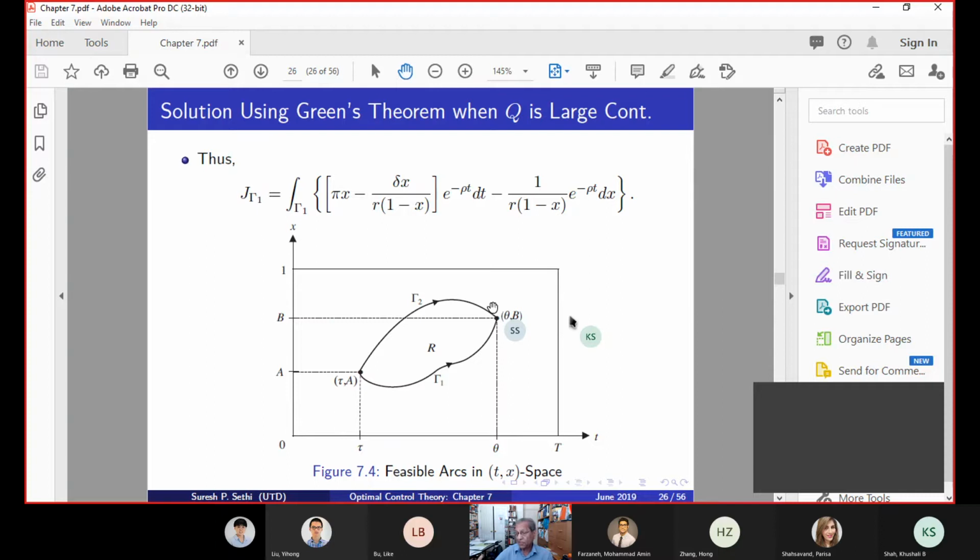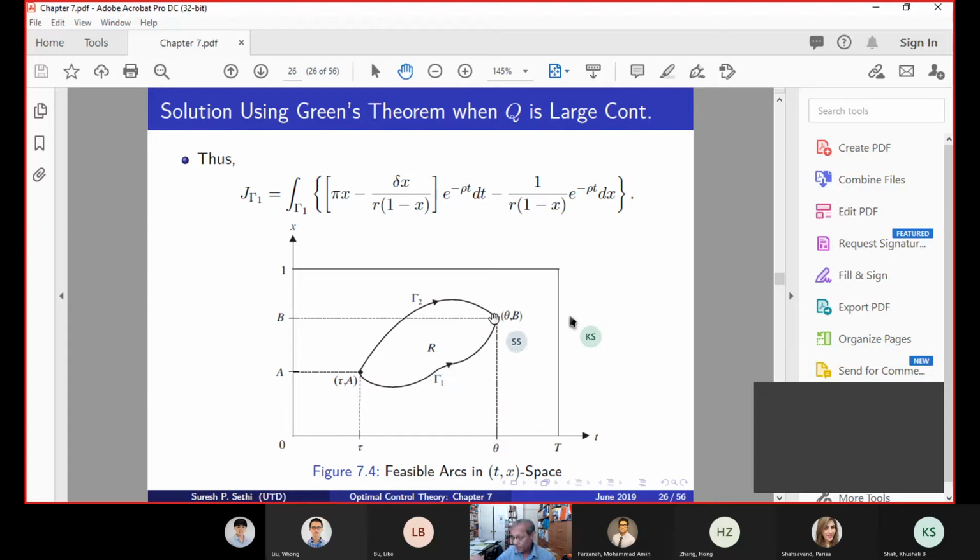The x space is the trajectory of the market share from tau to theta given a control. So whatever control is given to me, it will create a path, and that path gives me the profit of that control. That path can be expressed by a line integral, and that line integral is the profit of that path.